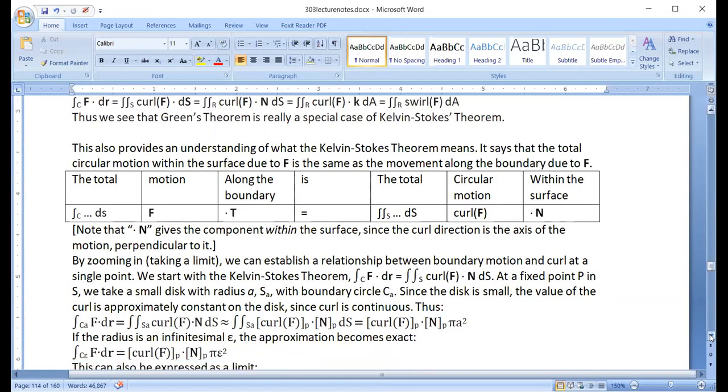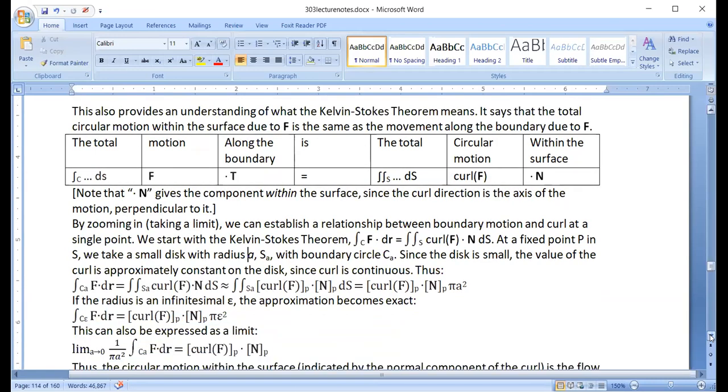Another way to say this is using limits. Moving the area to the other side, the limit as a goes to 0 of 1 over the area pi a squared, times our line integral over our little path c sub a of f dot dr, equals the curl of f at the point P dot the unit normal at the point P.